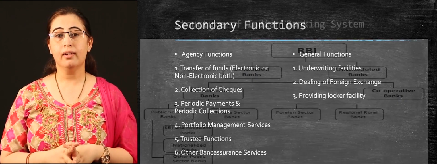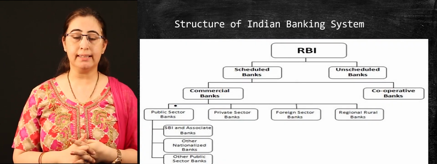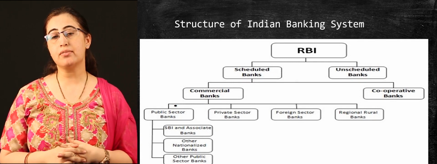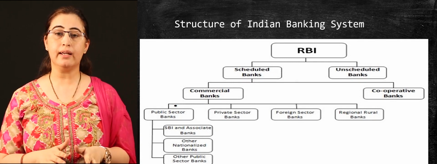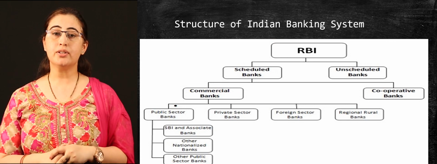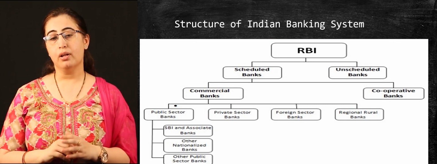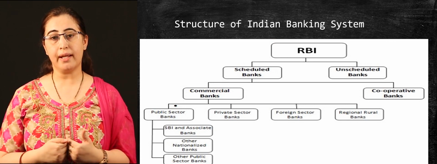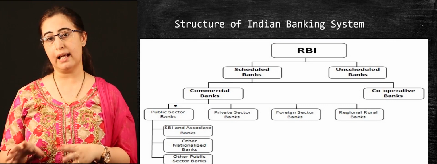Now look at the structure of the Indian banking system. Although we are going to discuss the structure in detail in our next session, here just have a look. The highest authority in the banking system is the regulator, that is RBI.